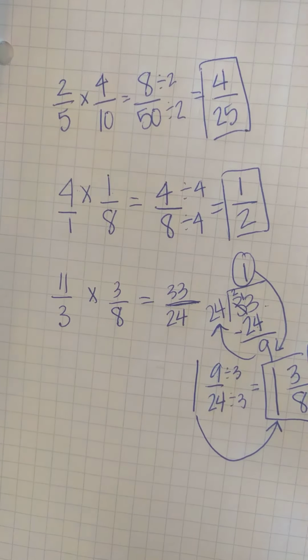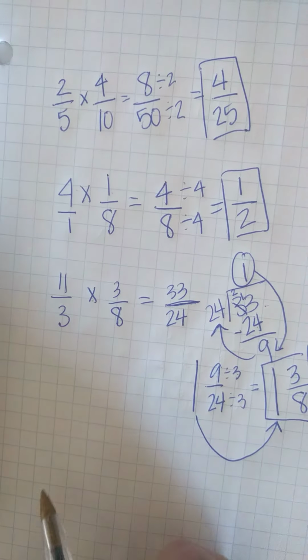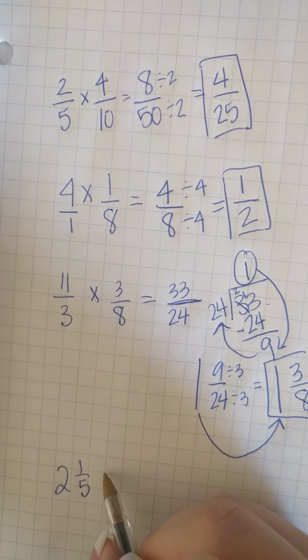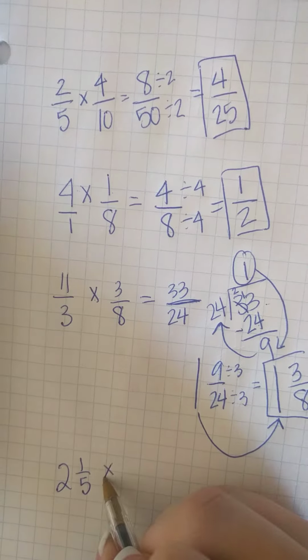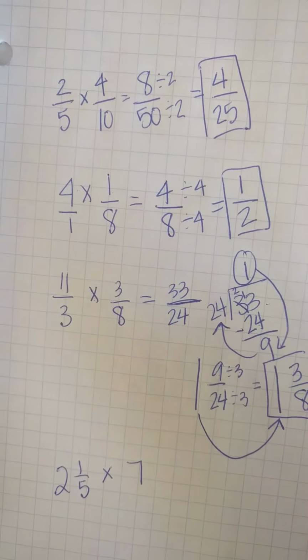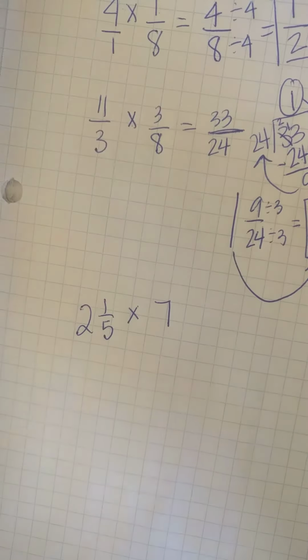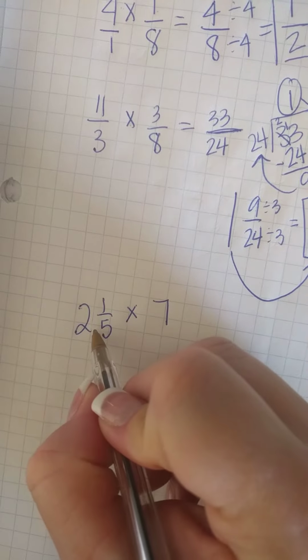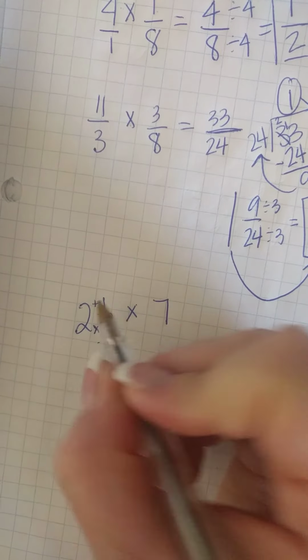Let's do one more multiplying fractions. Let's do 2 and 1/5 times, let's do 7. Oh, I've got a mixed number and a whole number in this. Well, I know I need to change the mixed number to an improper fraction, so I'm going to multiply and add.